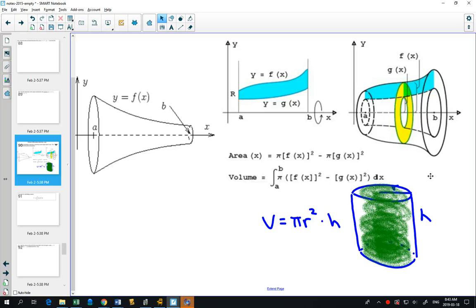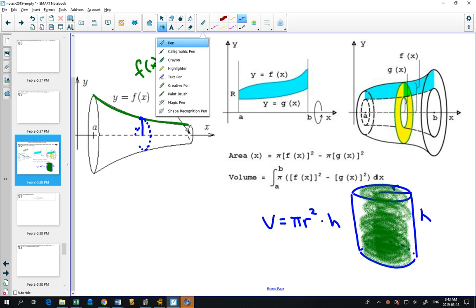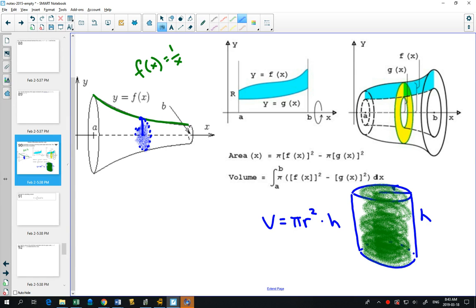To start off with, if I had a curve, f of x, and maybe this curve almost looks like 1 over x, I could take any point along here, and if I was rotating that point around the x-axis, can you see that that would make a circle?